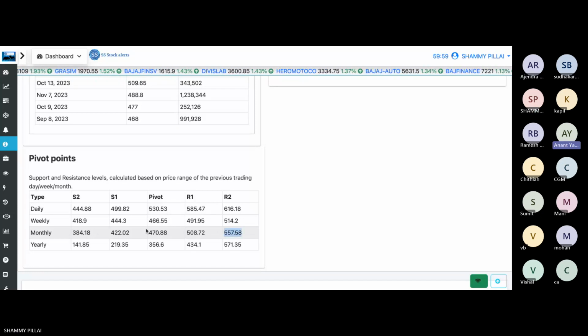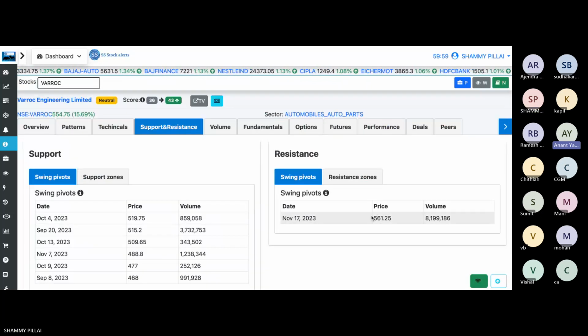As I said, monthly is your biggest friend. If you don't know anything, just follow this. Look at this. This is your final target. If this moves above this, then you are in the blue sky zone, which is a new 52-week high. 52-week high, November 17th. New resistance.